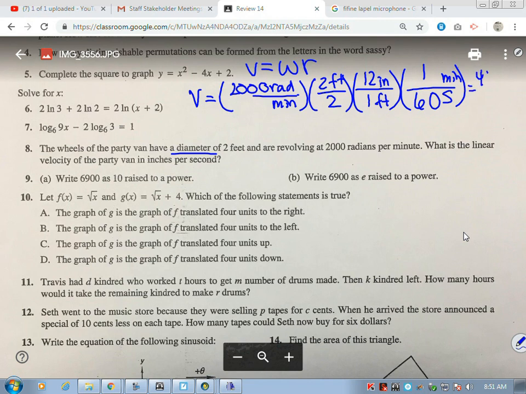So yeah, I got 48,000 over what? 120? Okay, what does that reduce to? 24,000. Wait, no. Nope. 48,000 divided by 120. 400. Comes out to 400, and I want it in inches per second. 400 inches per second is our linear velocity.